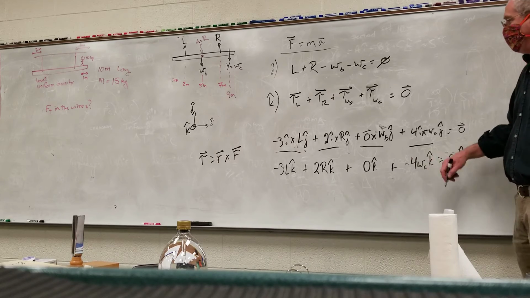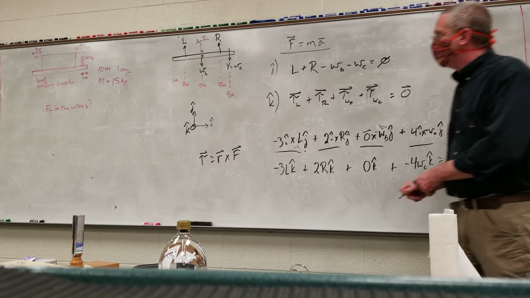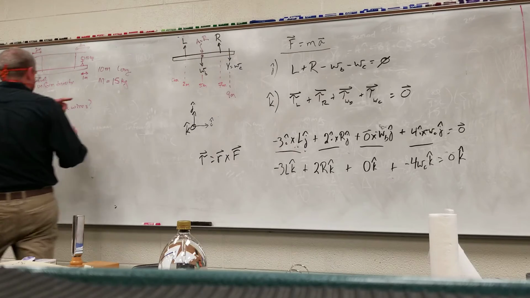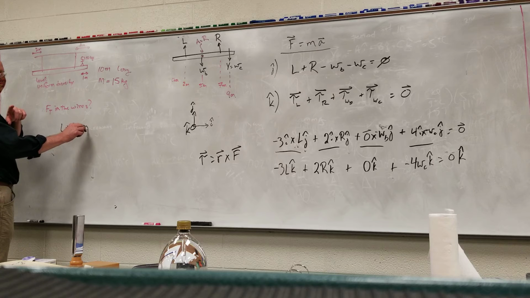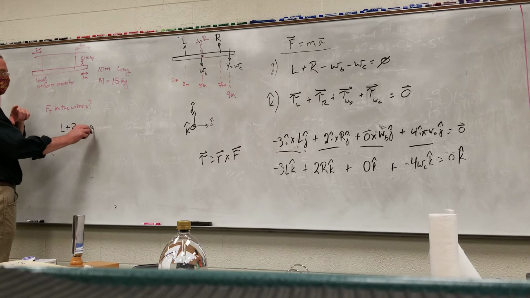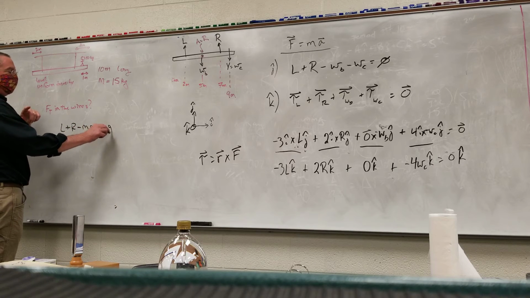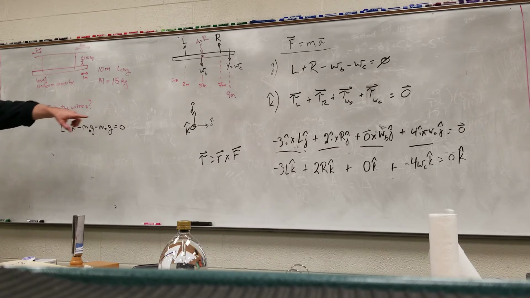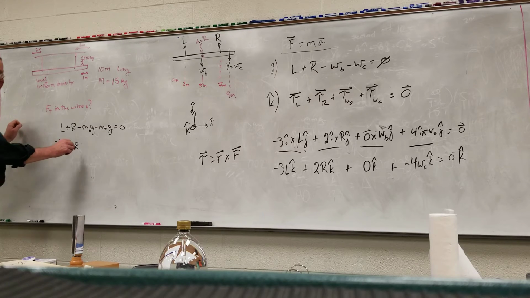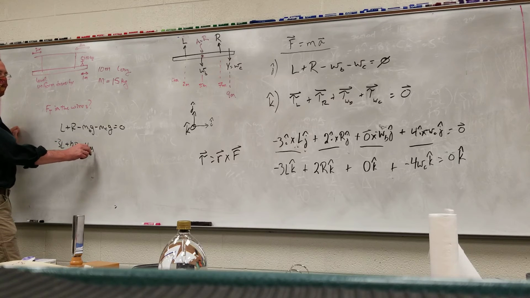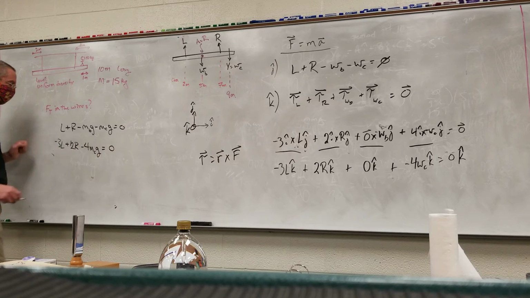In essence, I'm just going to take this equation and it just boils down to, I'm going to rewrite that first equation. So I have L plus R, let's go ahead and do substitution, MBG minus MCG equals 0. And then the second equation, I have negative 3L plus 2R minus 4 MCG equals 0.